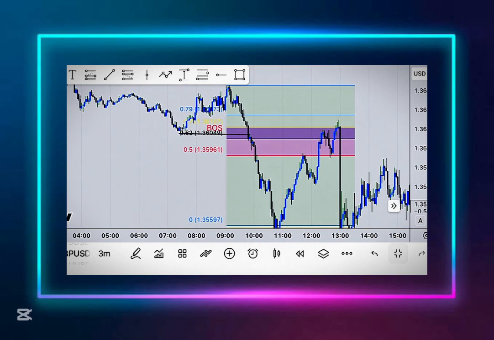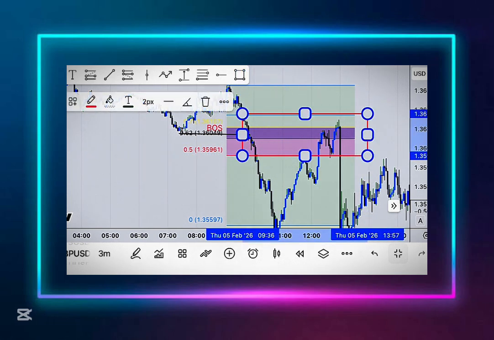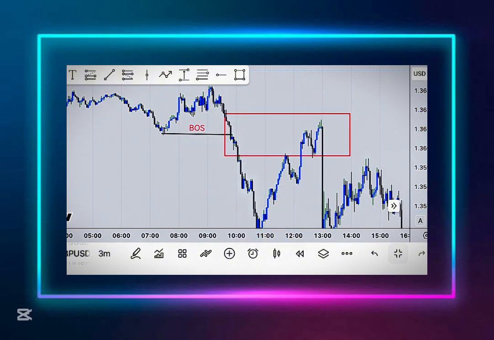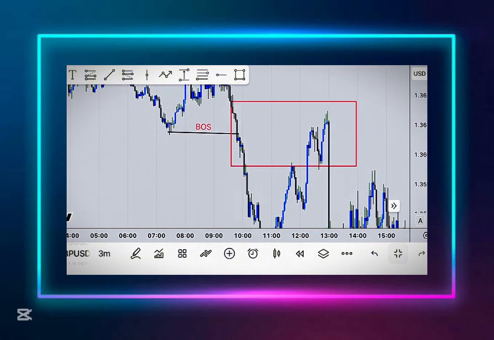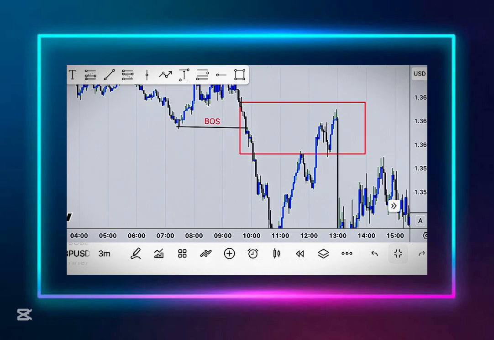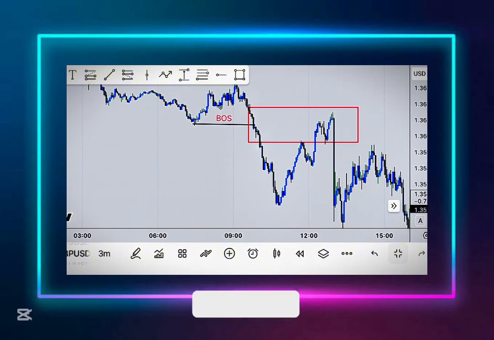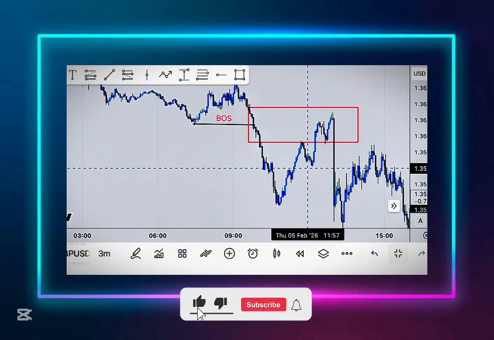Price is around this yellow line, from this range. Let me clear it. From this line upward, we have our discounted price. So price was at that range, and we can actually take trades here.